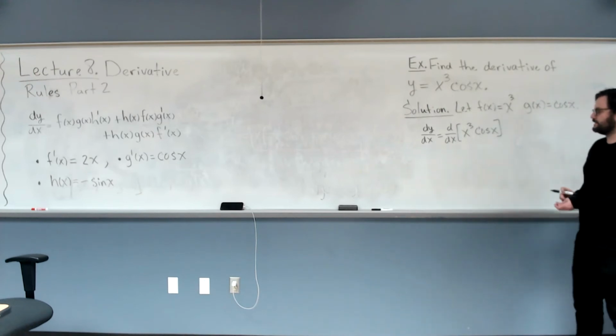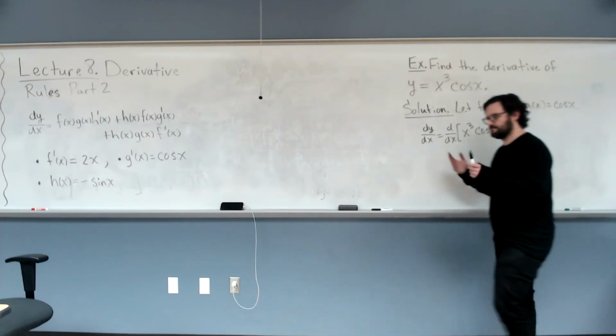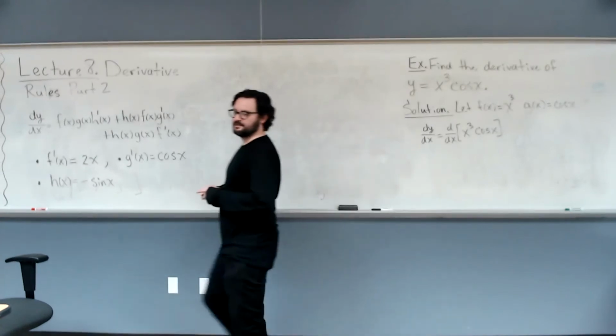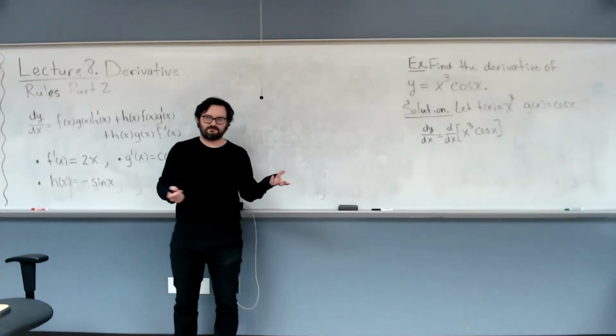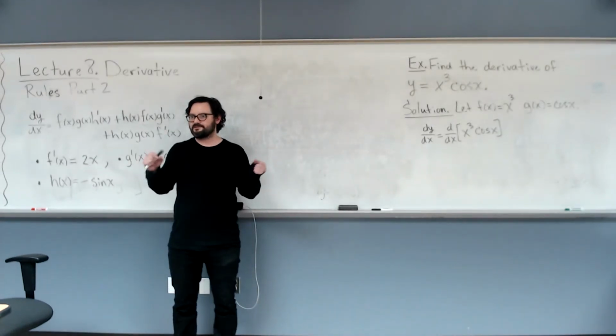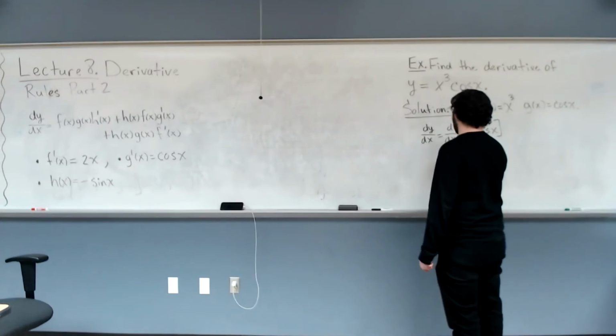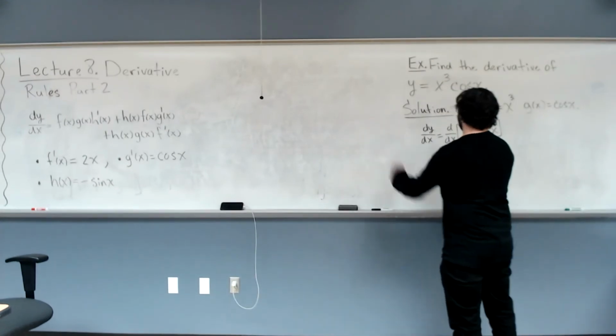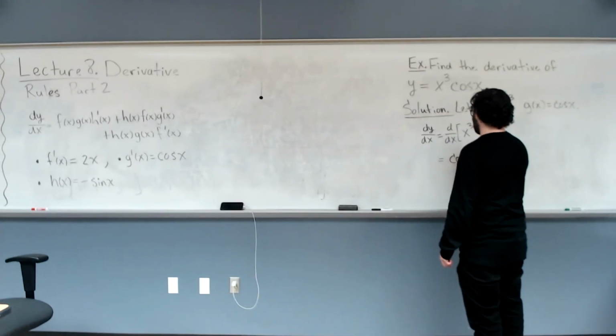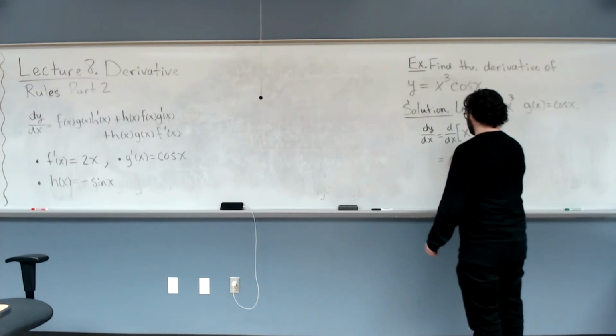Now, when you think about the product of functions, it's just the sum of a function times the derivative of the other. That's it, right? So I can just write this out like this.